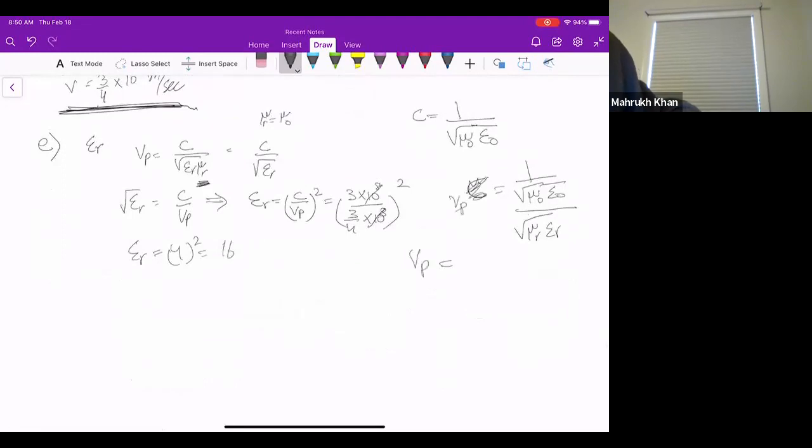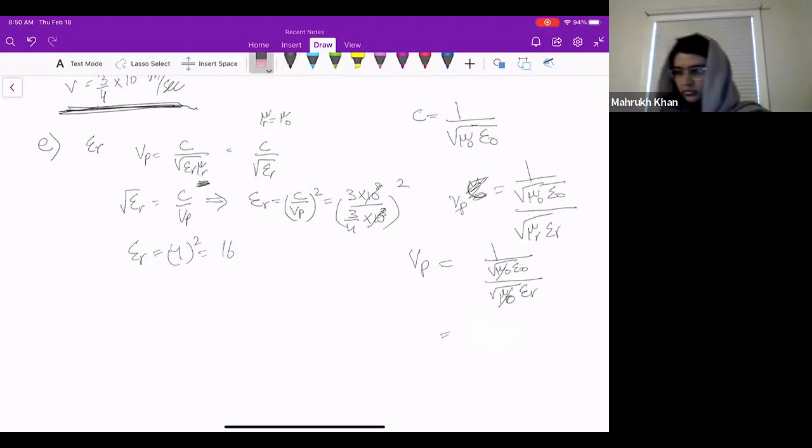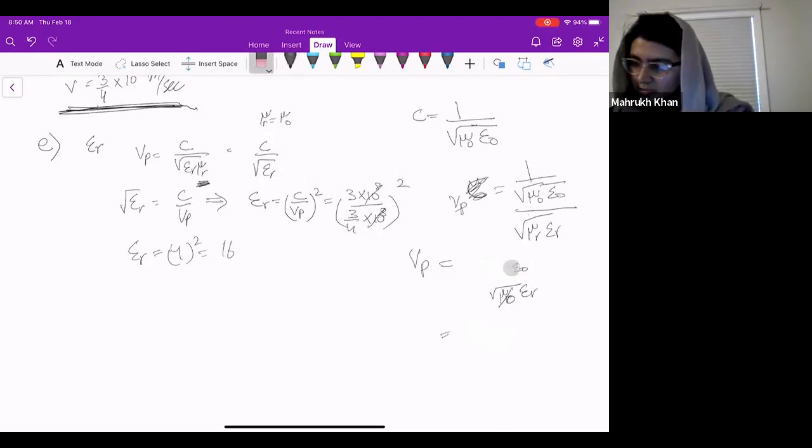So Vp will become mu naught epsilon r. So you think that it should become epsilon naught epsilon r, right? No. So this will cancel with this. No. How will it come like that? Yes, that's a good question.